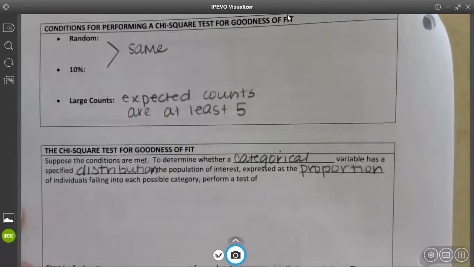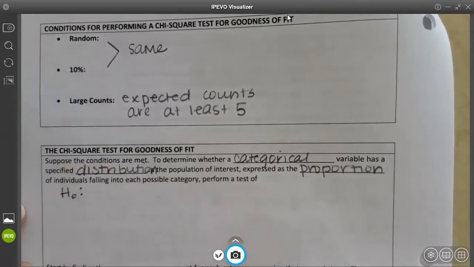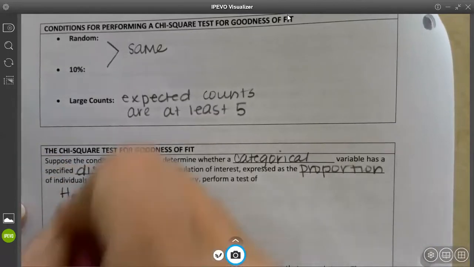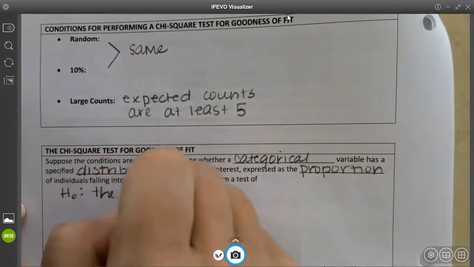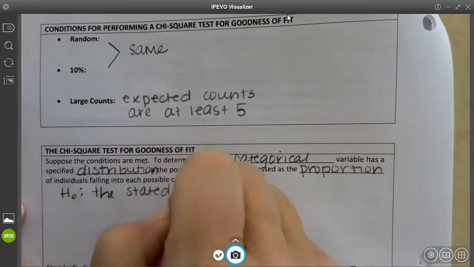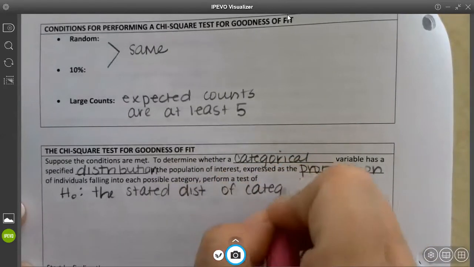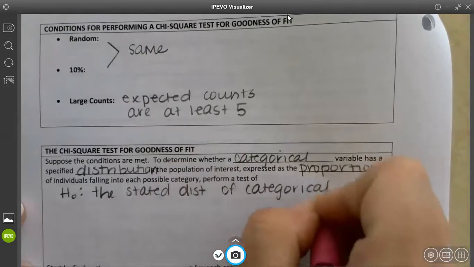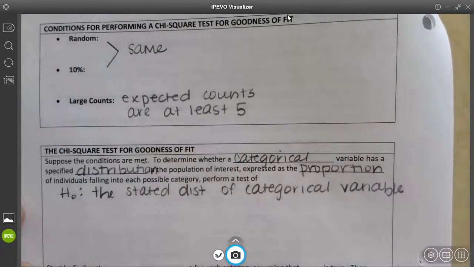Perform a test of, here's your hypothesis, the stated distribution of the categorical variable in the population of interest is correct.